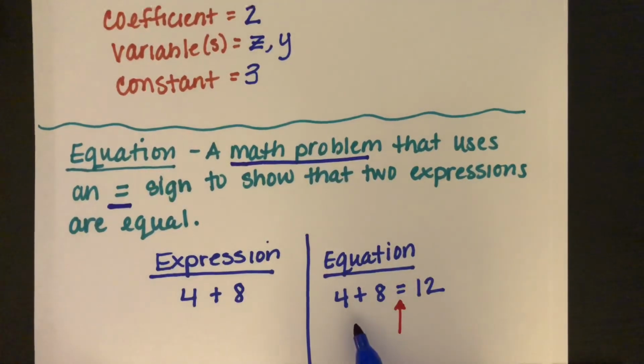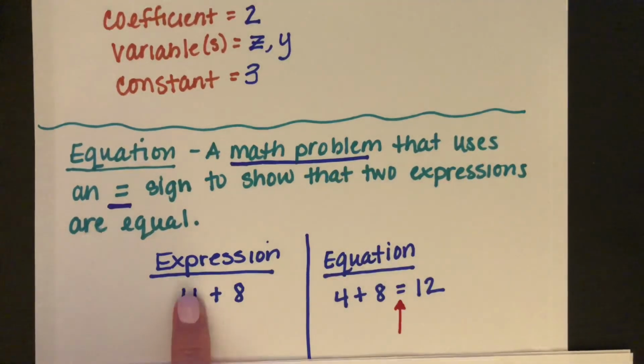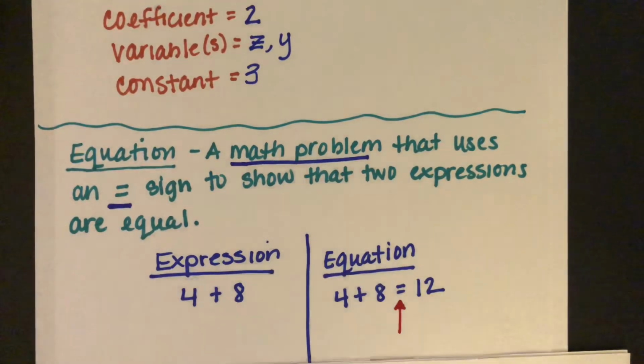An equation is 4 plus 8 equals 12, because we said it's a math problem with an equal sign showing that the two sides are equal. Well, 4 plus 8 is 12, so they're equal on both sides. So the only difference between the expression and the equation is the equal sign, showing the expressions are equal.